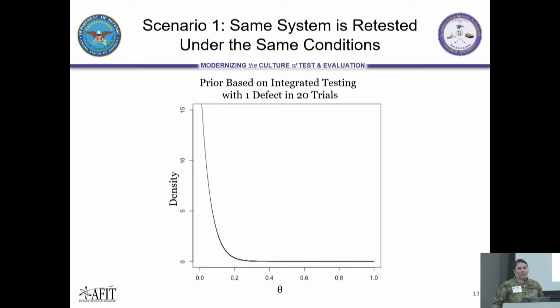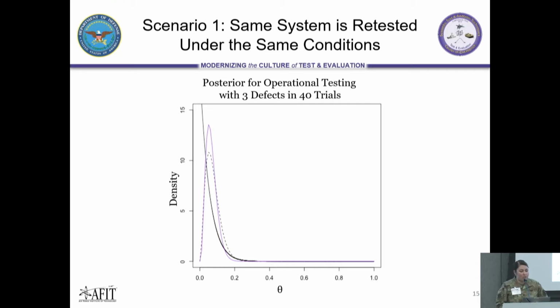So how that looks visually is if you went to the integrated test, and this is your posterior distribution, then now you go into your operational test and you collect your data, and you combine the operational test data from the likelihood function with the posterior from your previous test, and that's going to create your posterior distribution for your current test.